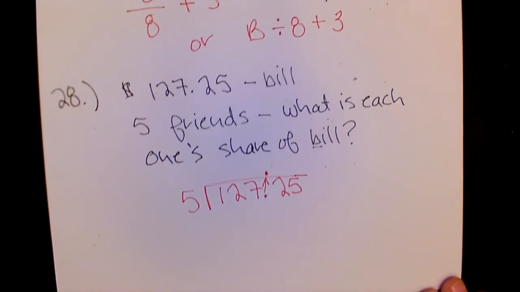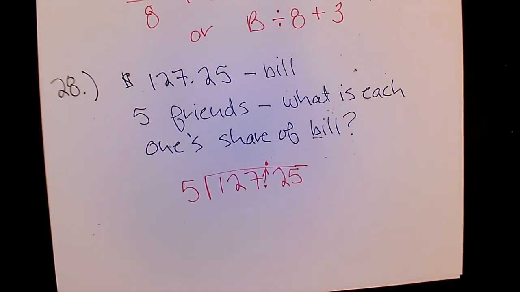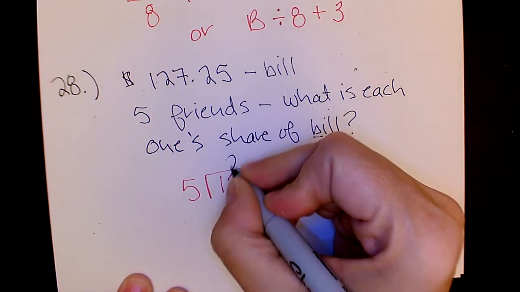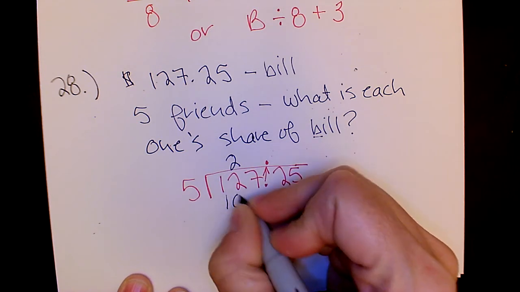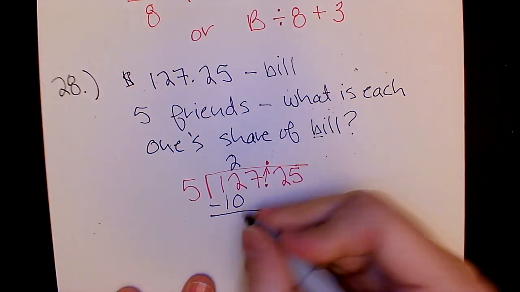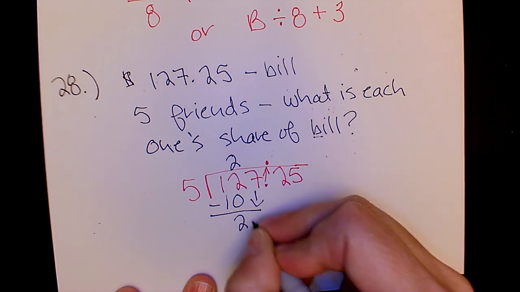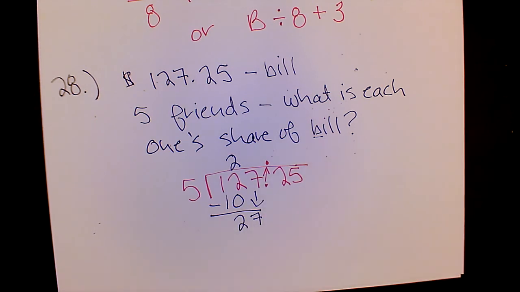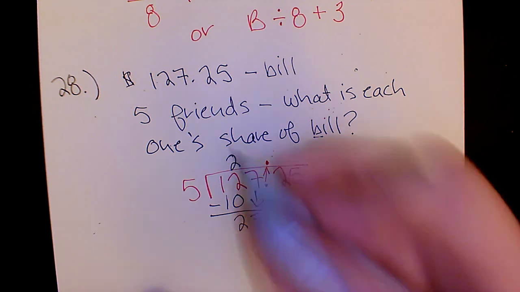Does 5 go into 12? It doesn't go into 1, but it goes into 12 2 times. So that's 10. I subtract down and get 2 and bring down the 7. 5 goes into 27.